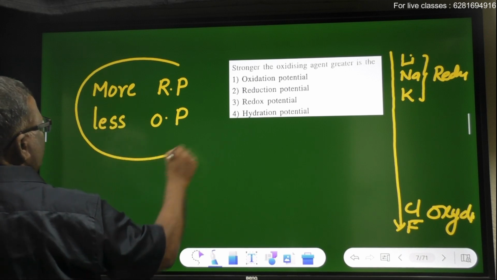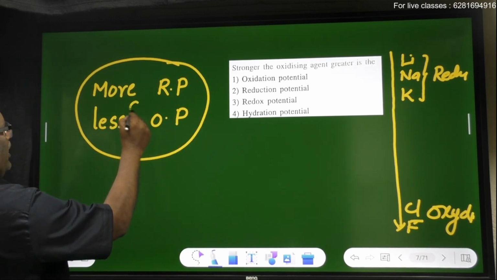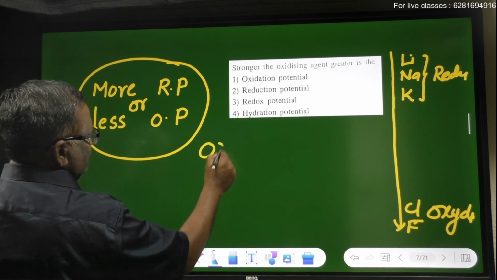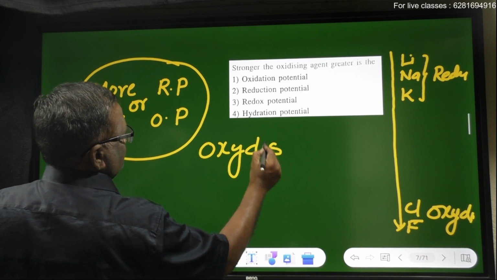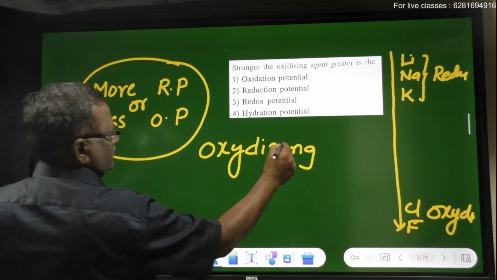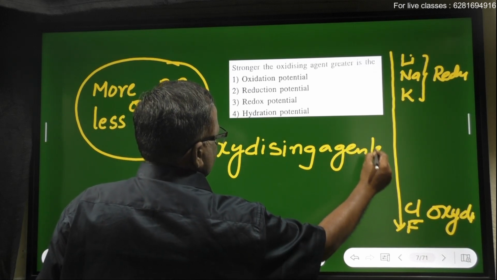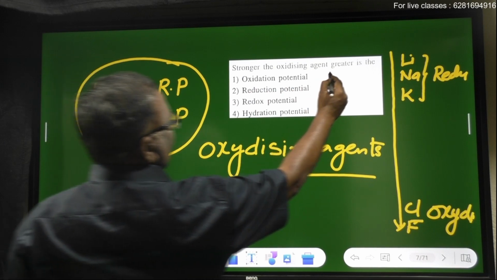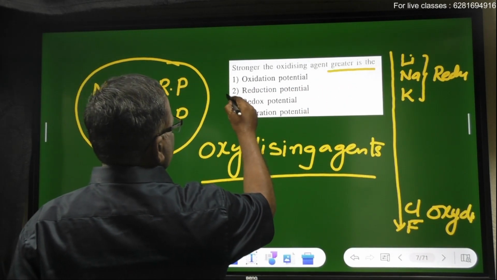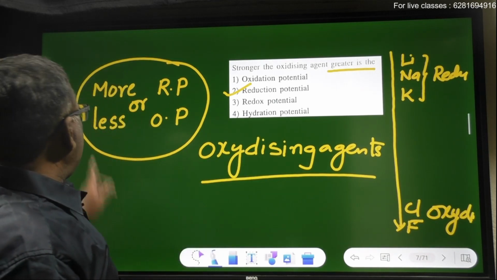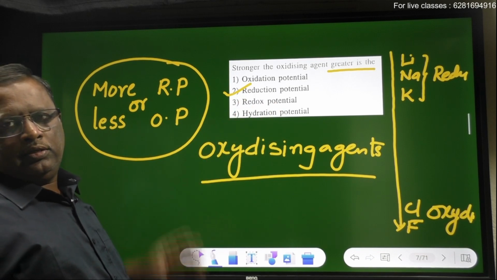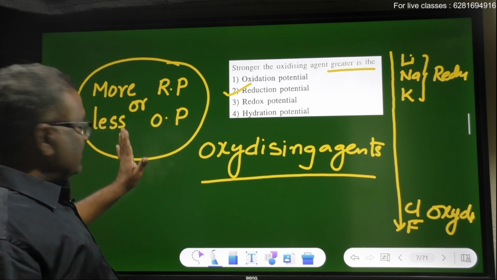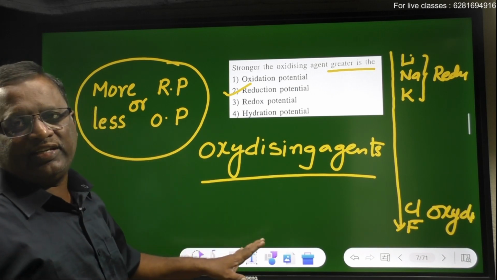Those elements which have these characters, more reduction potential or less oxidation potential, will act as oxidizing agents, and vice versa.